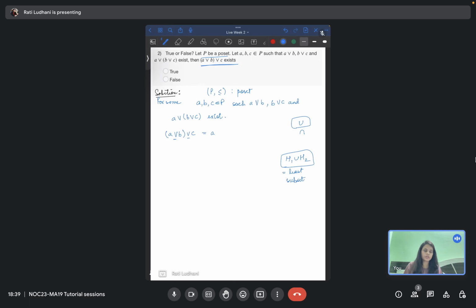I'm just trying to relate it with that, because these notions we are familiar with, we use them very frequently, and we know these symbols, union and intersection. So union and intersection is one kind of poset. This is like inclusion, like the power set of X, if you want to write it like that.